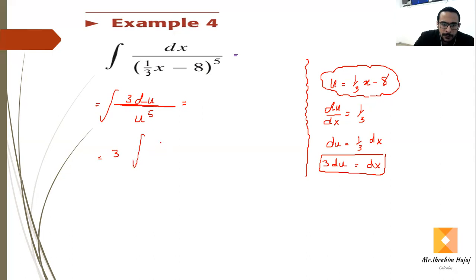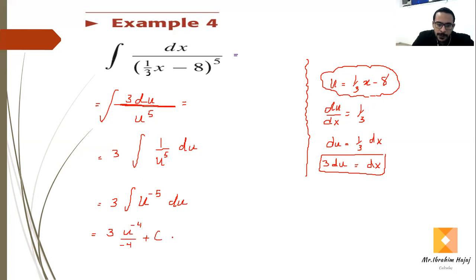And the integral now of 1 over u to the power of 5 du. Take u to the power of negative 5, which is easy now to find its integral. So u to the power of negative 4 over negative 4, since u power add 1 gives negative 4, plus c.